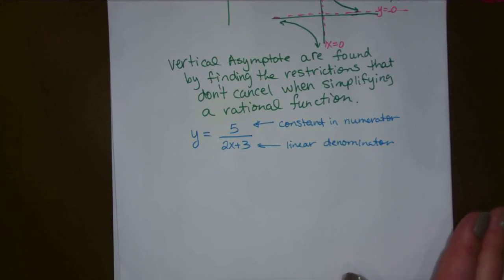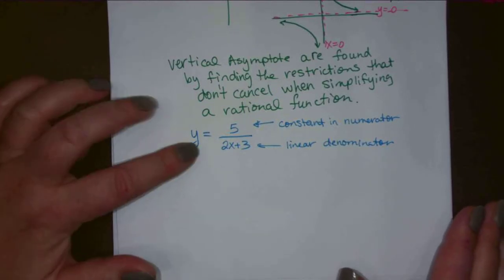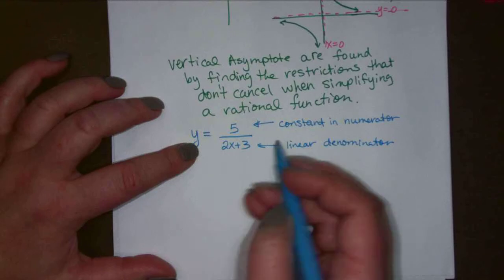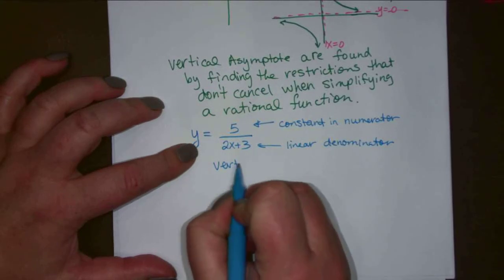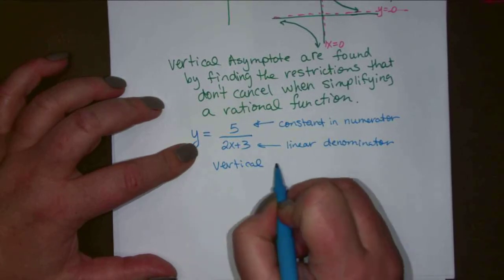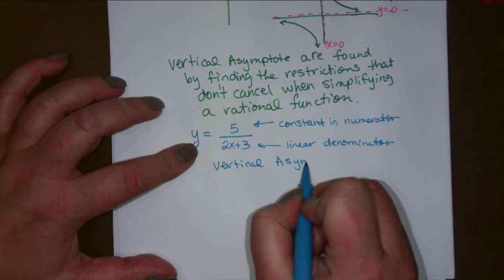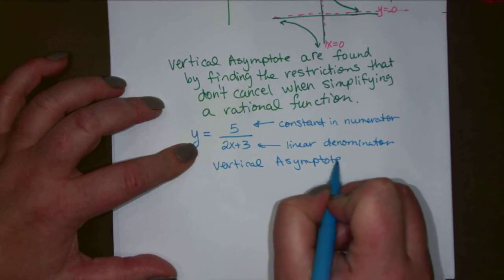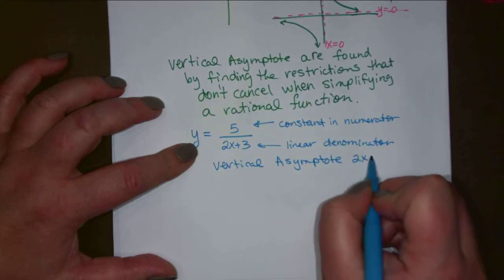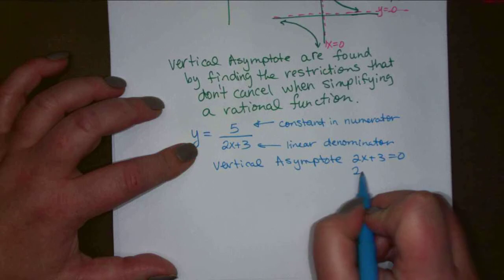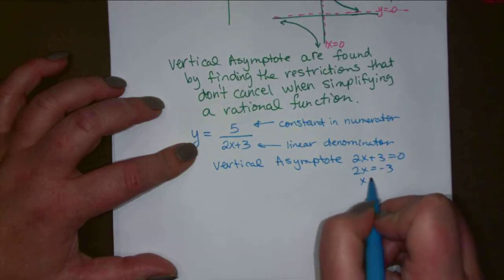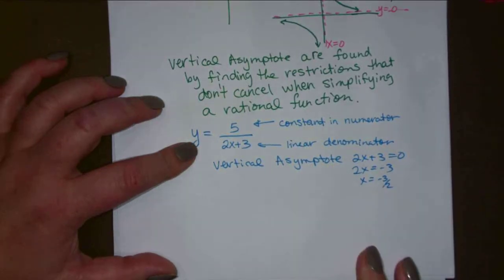Okay? So what would be the vertical asymptote of this particular equation? That is where 2x plus 3 equals 0. So that's our vertical asymptote.